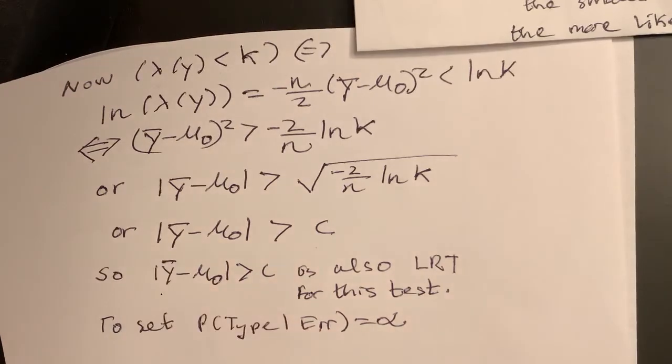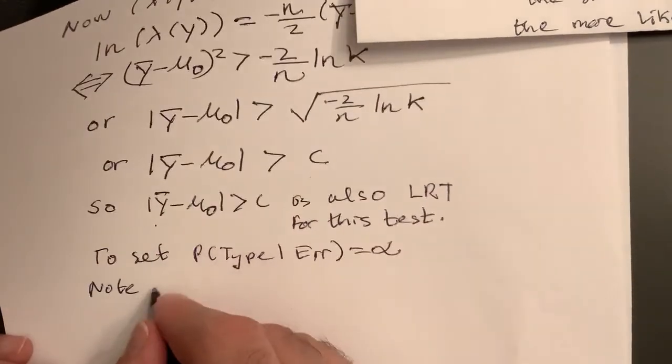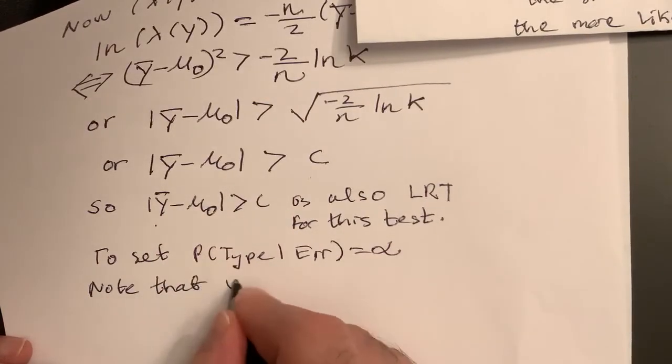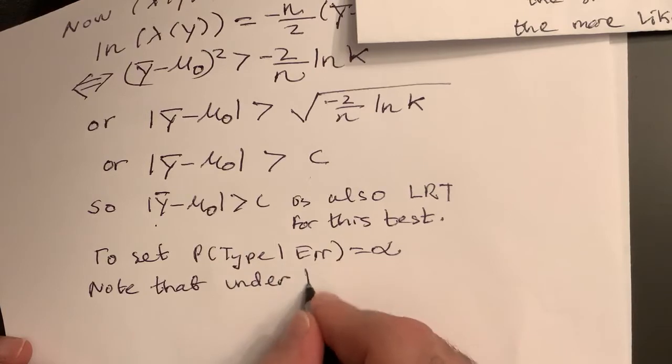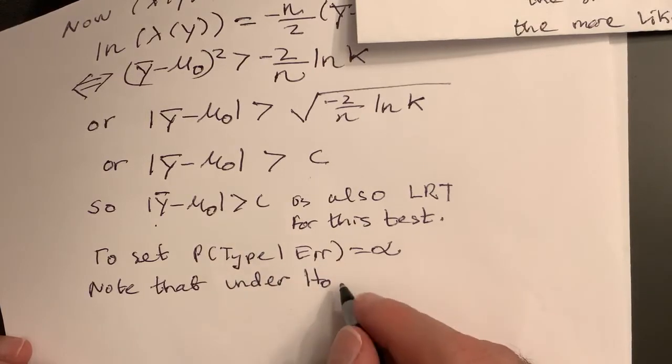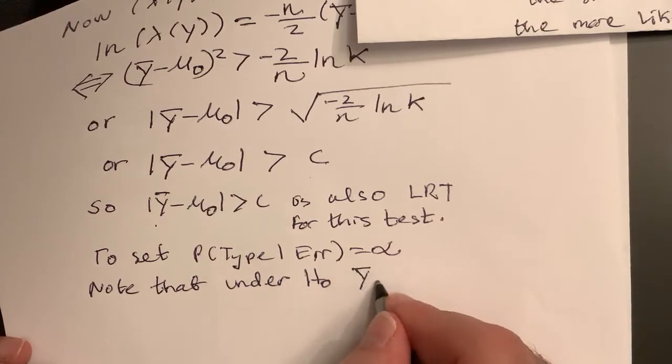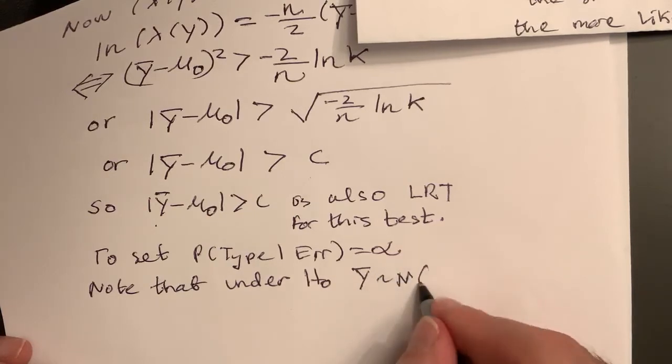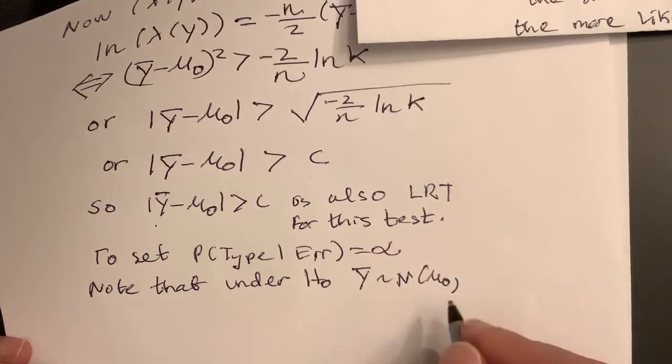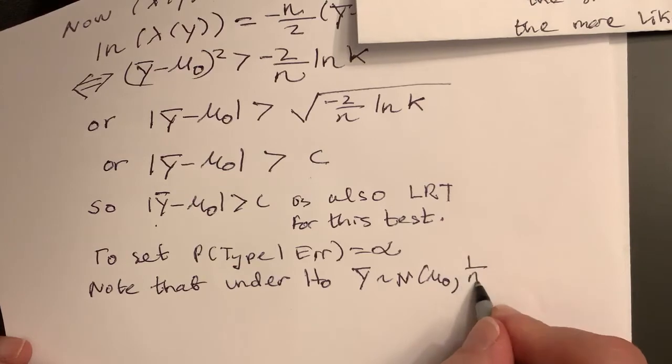Note that under h0, y bar is normal, mu 0, that's the under h0 part, and then 1 over n is the variance.